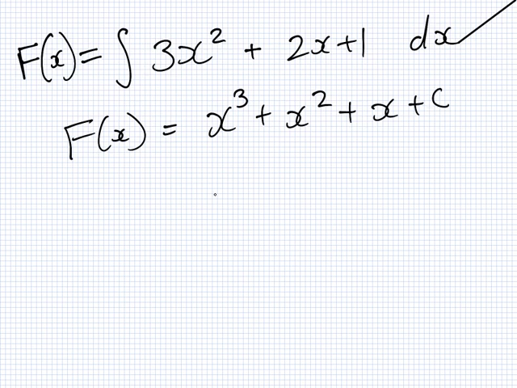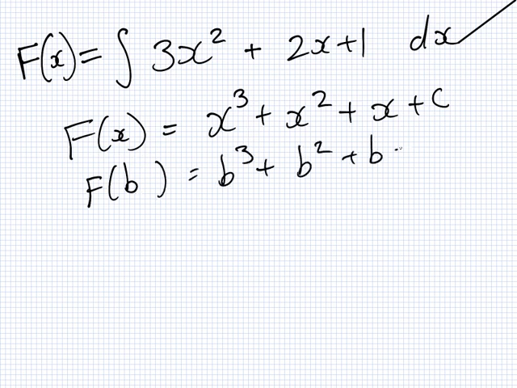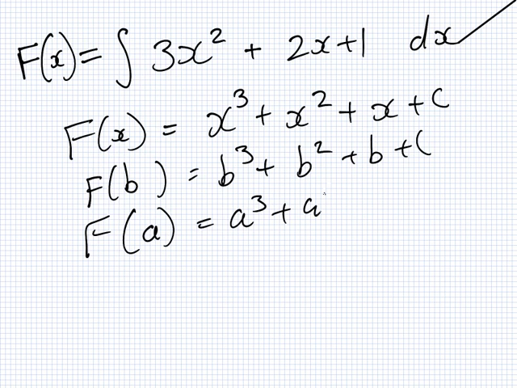One way we can get rid of the C, although we don't know what F of x is, is to compare F of x at different values. For example, if I calculate F(b), I get b cubed plus b squared plus b plus c, and if I calculate F(a), I get a cubed and so on.